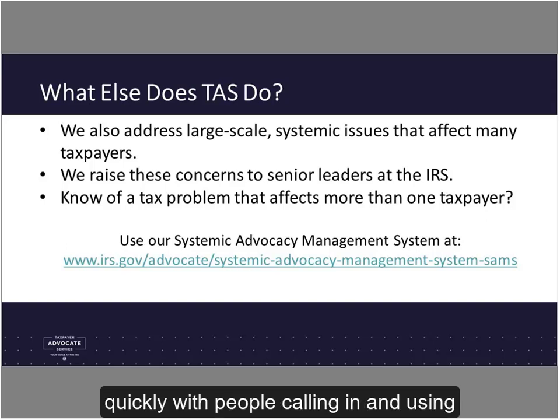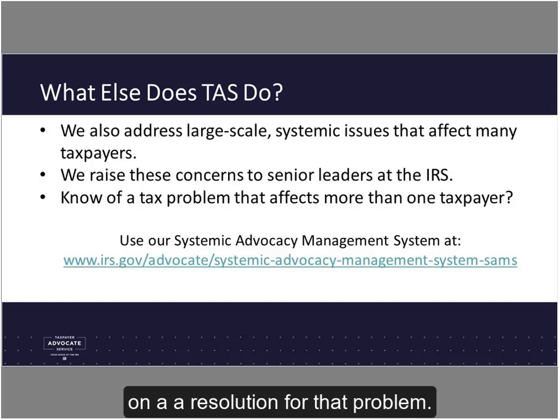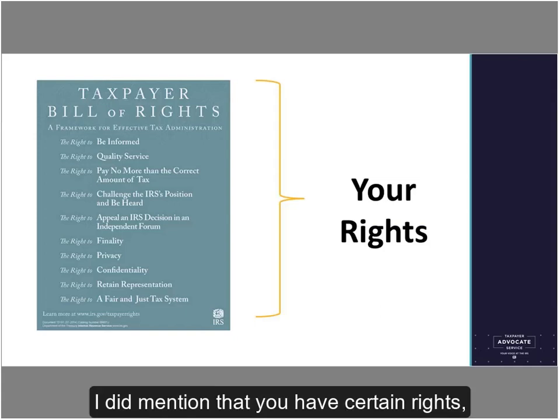We recognized that quickly with people calling in and using the SAMS system, and they're working on a resolution for that problem. What this isn't is we don't want you to report your own tax return or account issue. We don't want anyone to enter sensitive tax information, like a Social Security number, into SAMS. Like I said, it's a big picture type system.